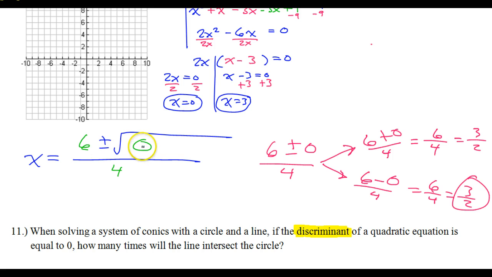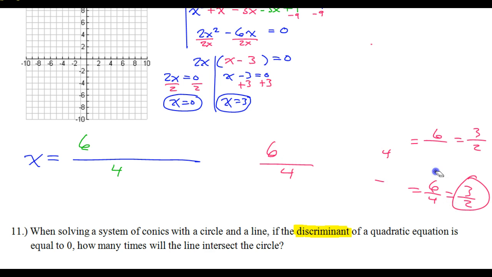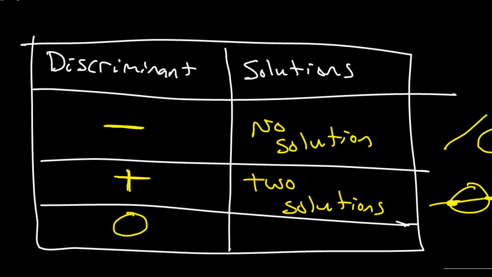So if the discriminant is 0, you're not really adding or subtracting anything. You're really just erasing that. So you don't get your two solutions. You just get one solution. You just get 3 over 2 in this case. So back to our little chart, if the discriminant is 0, you get one solution.